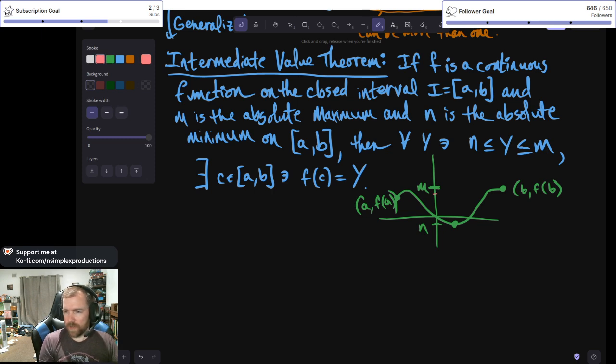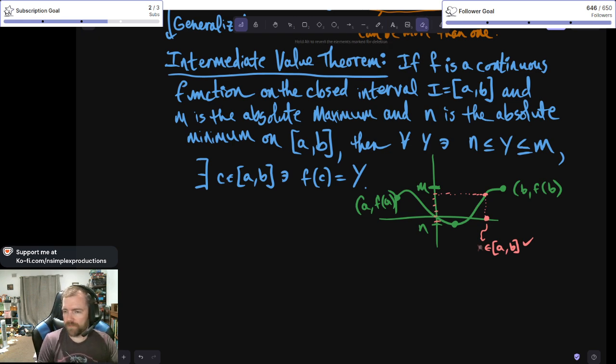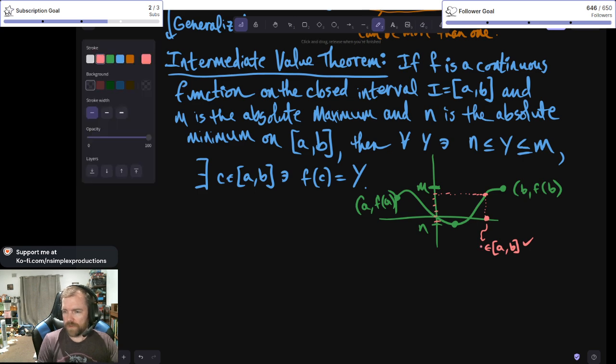So this says that no matter what values you pick going across this way, we will always be able to find some value, at least one, such that our x is now on that interval a to b. Or, sorry, c. Let's use the same language. We just found a c for this particular y value that corresponds to that particular function value f of c, which is y.